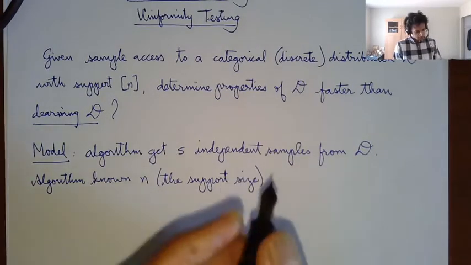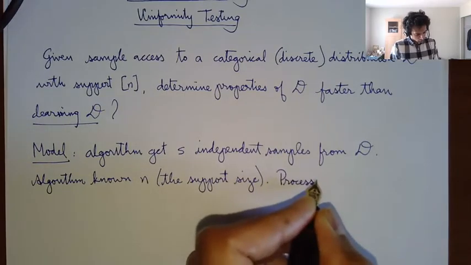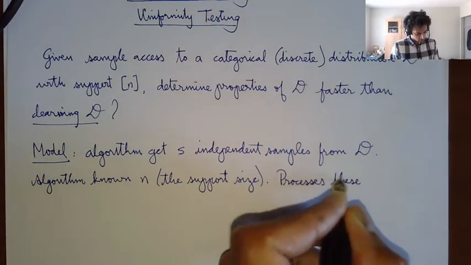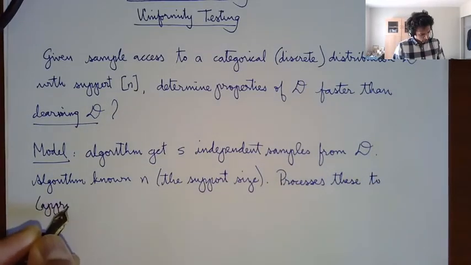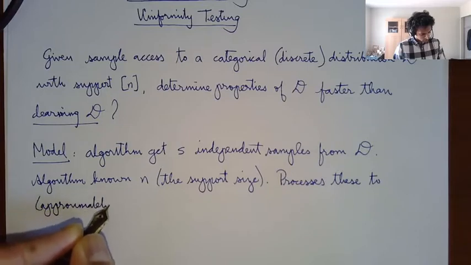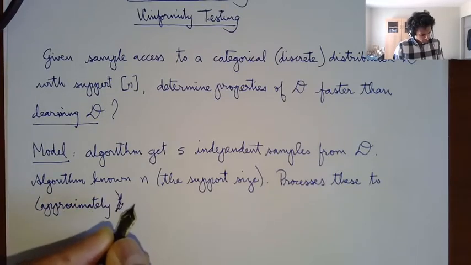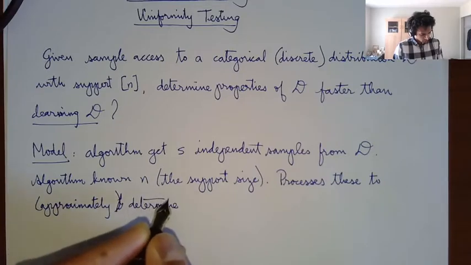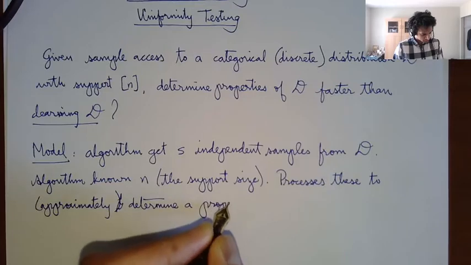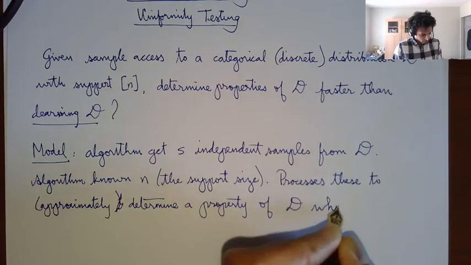The algorithm gets S independent samples from D and processes these to approximately determine a property of D with high probability.